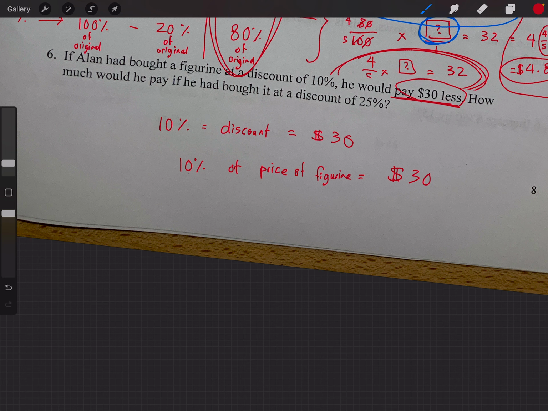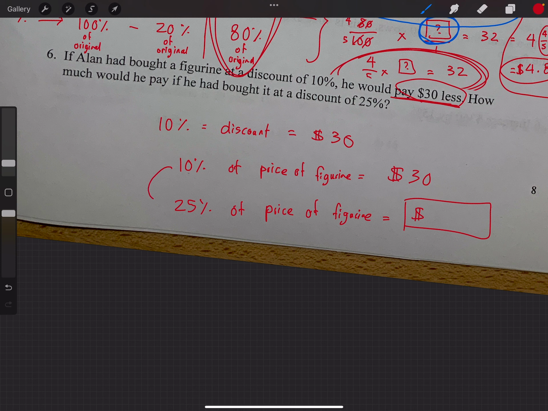Okay. So, let's think. Let's work out what 25% is. What's this amount? Well, I can't go from 10 to 25 easily. I mean, I kind of can, but you have to multiply by 2.5, right? But not many people know that, so.